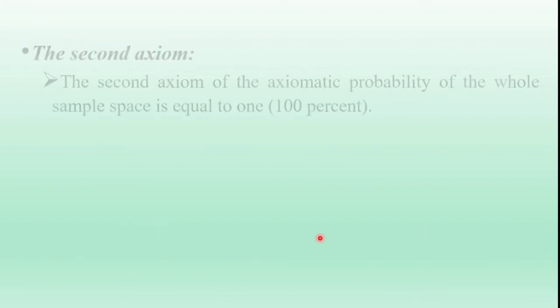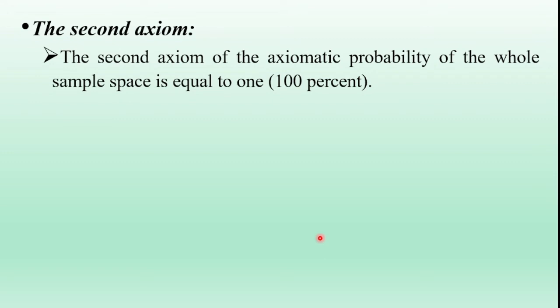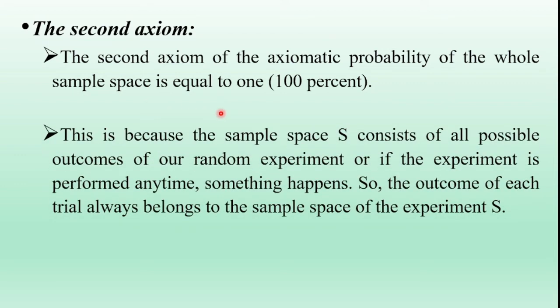And what is the second axiomatic condition? The probability of the sample space, P(S), is equal to 1. The second axiom states that the probability of the whole sample space is equal to 1. This is because the sample space capital S consists of all possible outcomes of our random experiment, so whenever the experiment is performed, something happens.